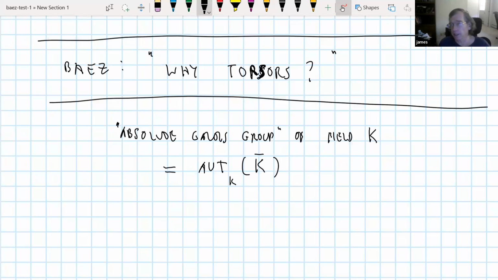So again, in homotopy theory, the answer to why torsors is because a G torsor is just another name for principal G bundle. And it's really obvious in homotopy theory that a good way of studying the fundamental group of a space is to study the principal G bundles for lots of different G, for all different G, over that space.